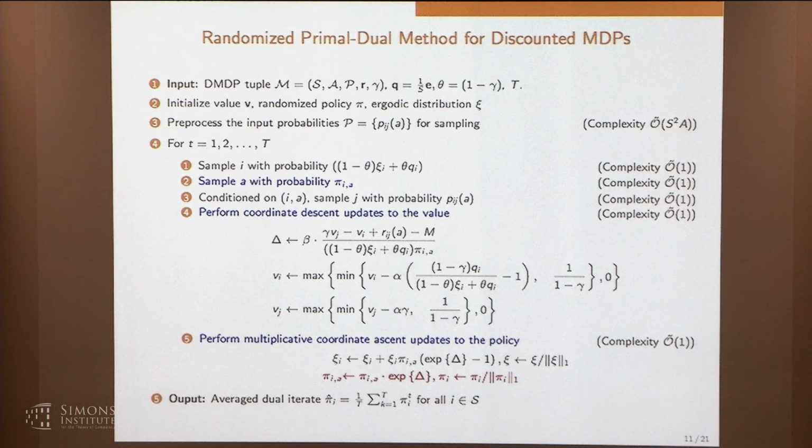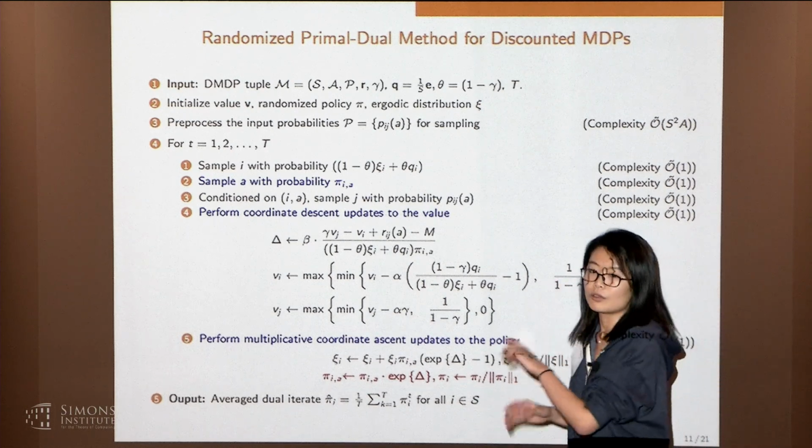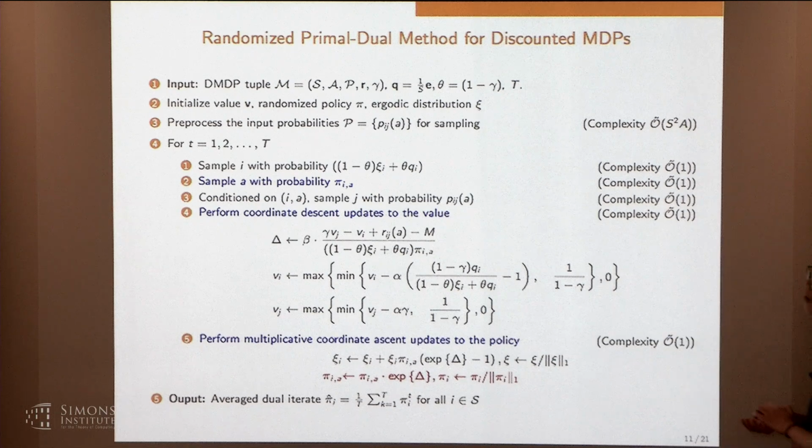Okay. So this is what the algorithm looks like. I just want to say that the algorithm is primal dual and is also a coordinate descent algorithm because we are only updating a few coordinates at each iteration. This makes a lot of sense because we are only drawing a very small piece of information, one state transition per iteration.